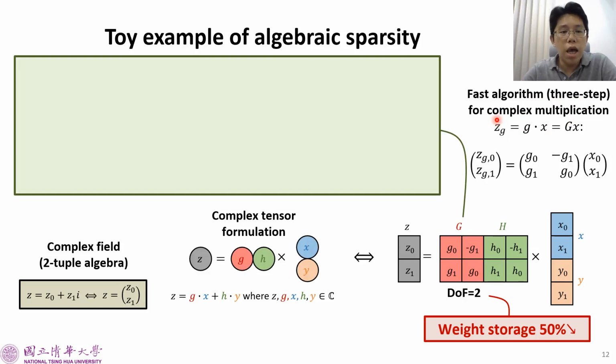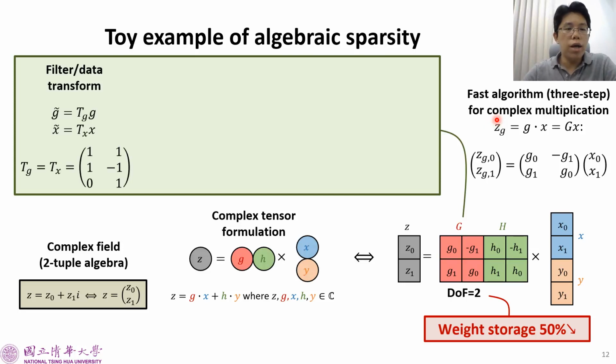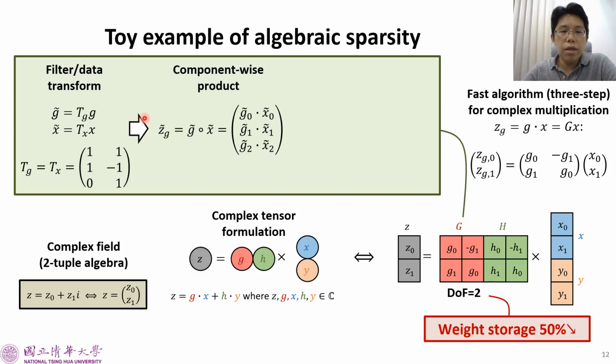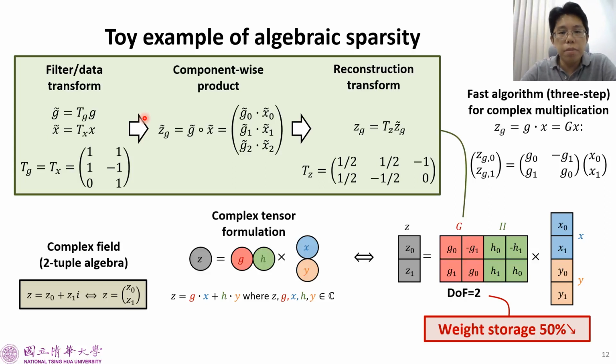It has 3 steps. The first one is filter and data transform, and then apply component-wise product in the transform domain, and finally reconstruct the data. Here, we only need 3 multiplications instead of 4, so the complexity saving is 25%.